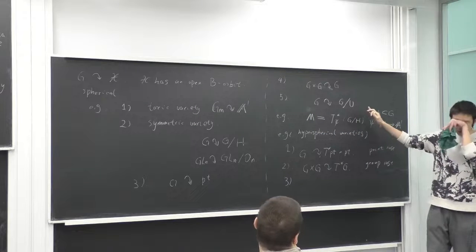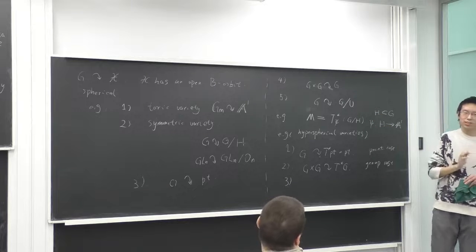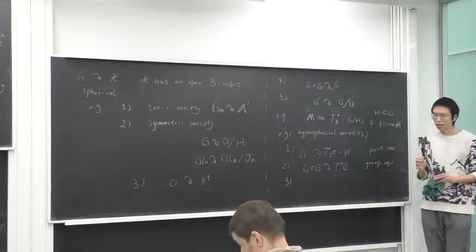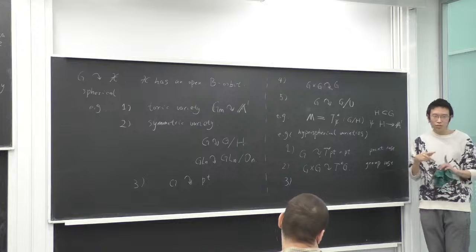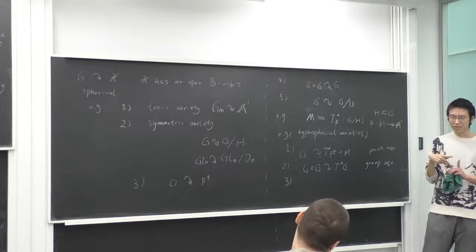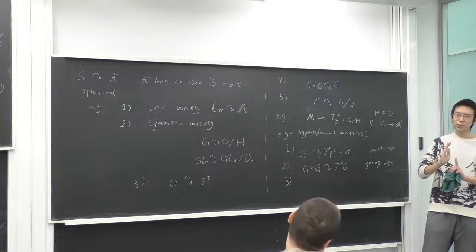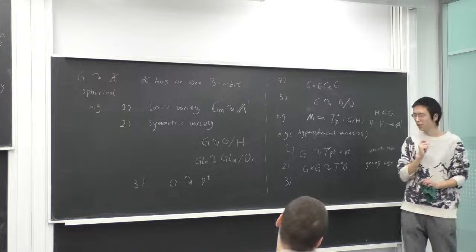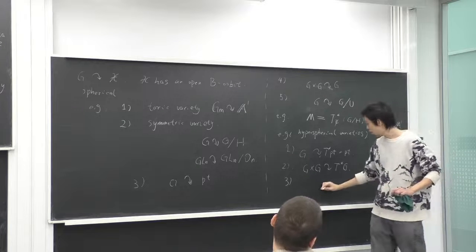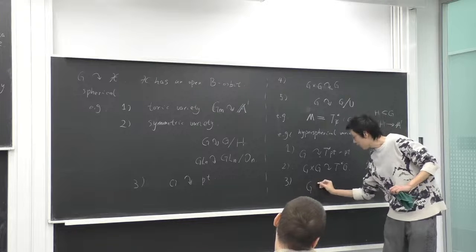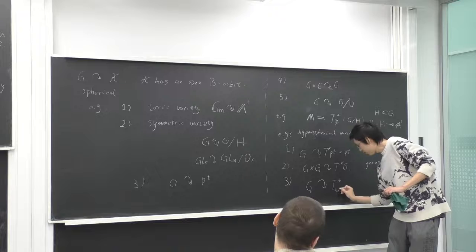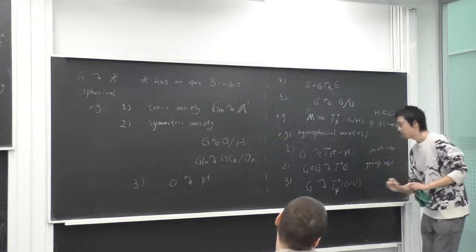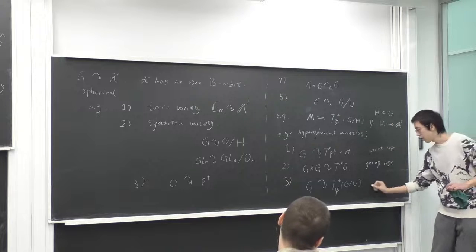Here you consider G quotient U. You notice that there is a non-degenerate character for your maximal unipotent subgroup U. For example, if your G is GL_n, then you can take your U to be the group of upper triangular matrices. Then for your character C, you can take the sum of elements in the superdiagonal, which gives rise to a non-degenerate character. So this way, we get a twisted cotangent bundle on G quotient U, and it is a G hyperspherical variety, and we call it the Whittaker case.